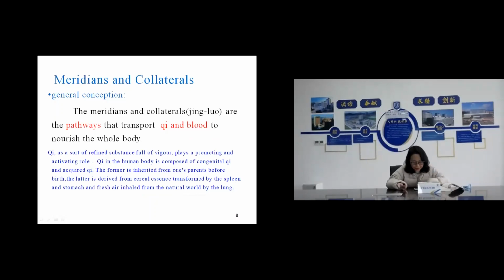Qi is an important term. Qi is like gas, like the atmosphere. It is a sort of refined substance full of vigor. It plays a protective and activating role. Qi in the human body is composed of two parts: congenital qi and acquired qi. The congenital qi is inherited from our parents before birth, like genes.